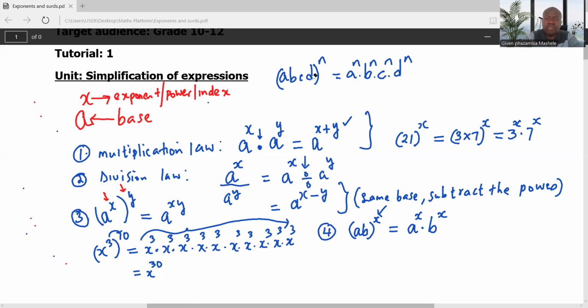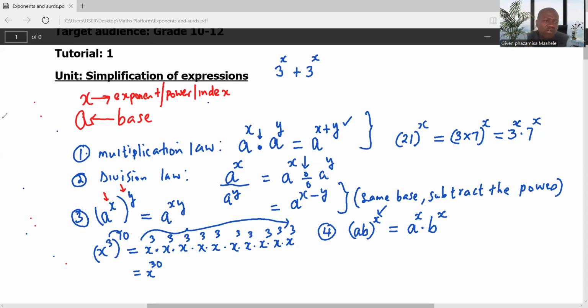In most of the questions, the misconceptions that I actually see learners make in the exam, let's consider a case where we have 3 to the exponent of x plus 3 to the exponent of x. Remember, in terms of the laws that I have explained here, we do not have an addition law.